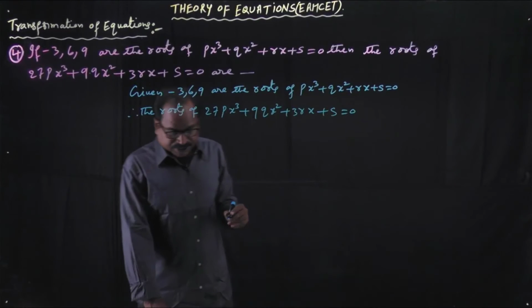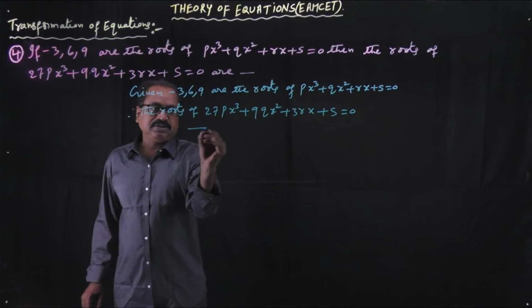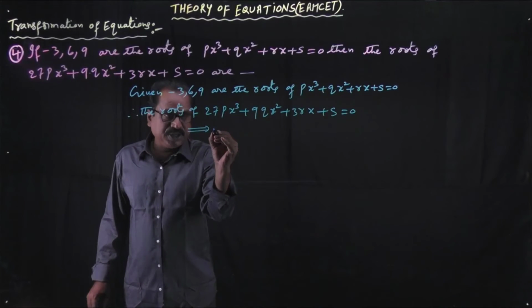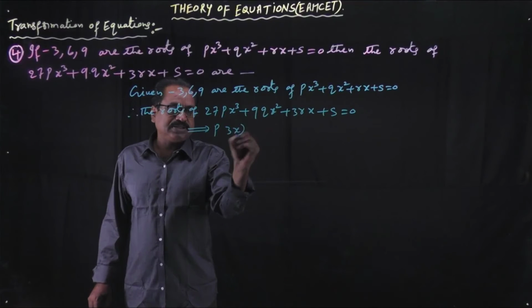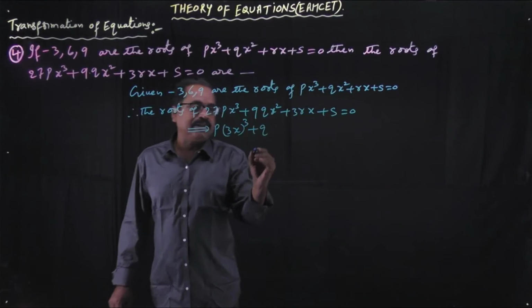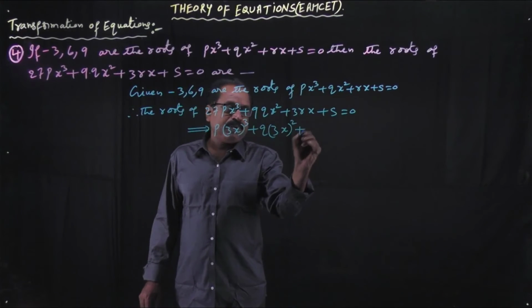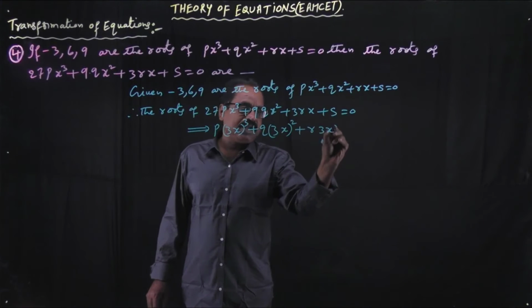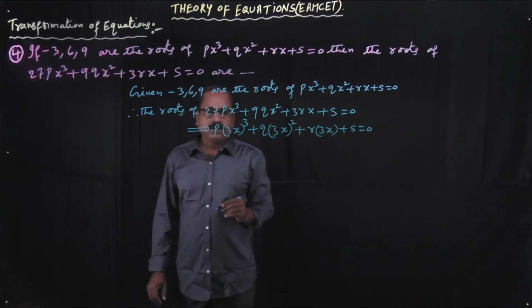Now this can be written as p into 27x cube, that is (3x) whole cube, plus q into 9x square, which can be written as (3x) whole square, plus r into 3x plus s is equal to 0.